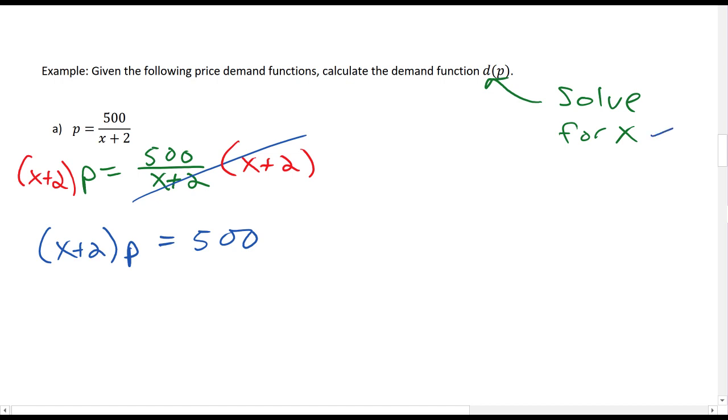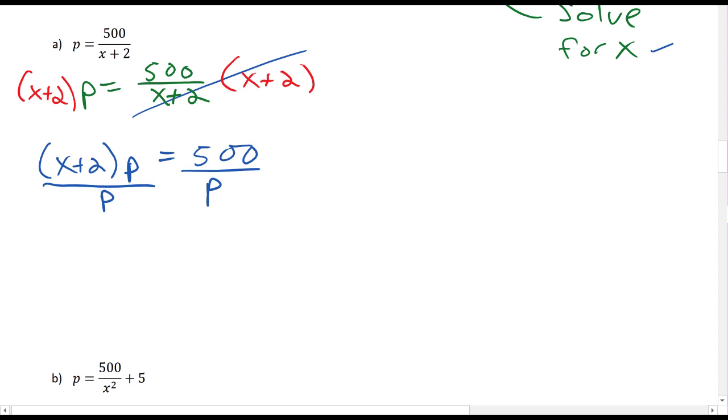We are trying to solve for x. So that means next I'm going to divide through by p on both sides. Got to keep that symmetry. And we are left with, on the left side, x plus 2 is equal to 500 over p. And the last step is subtract 2 from both sides of your equation. And here we go.